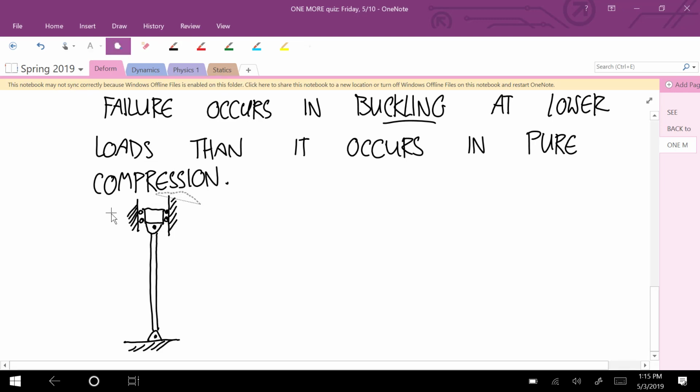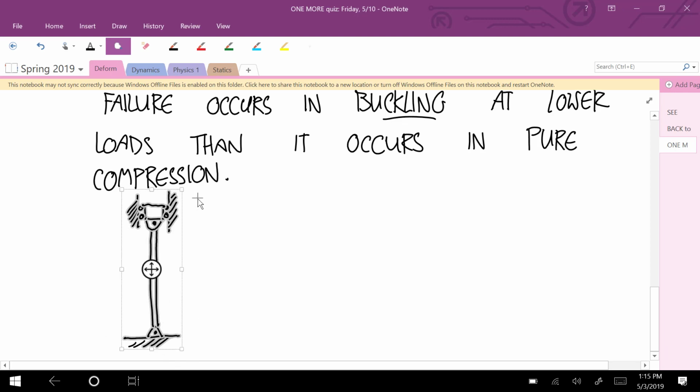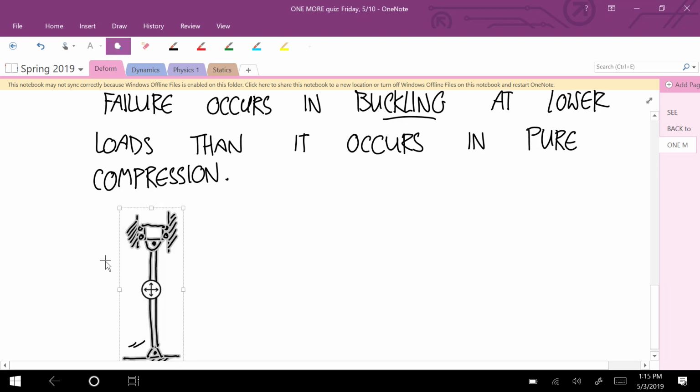Move this down a little. And so if you apply a compressive load P here, okay.